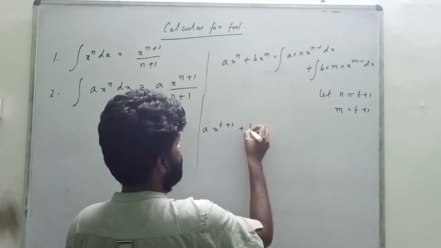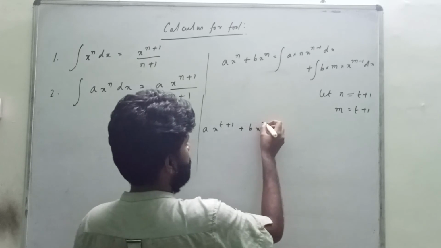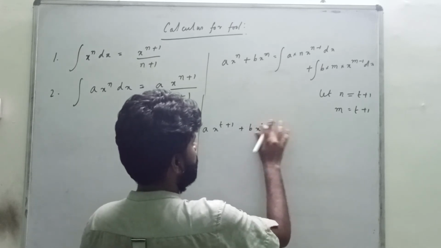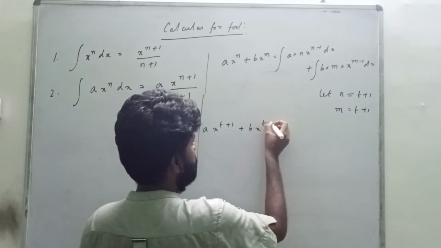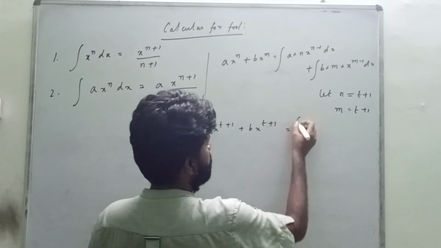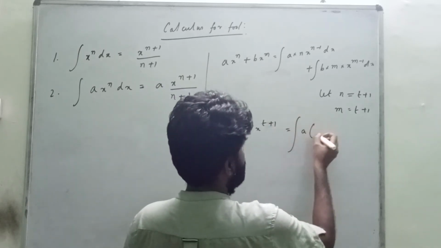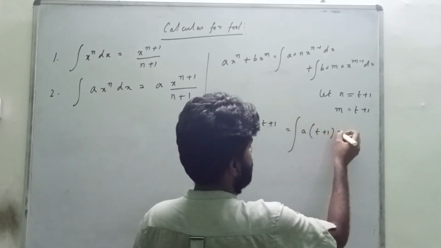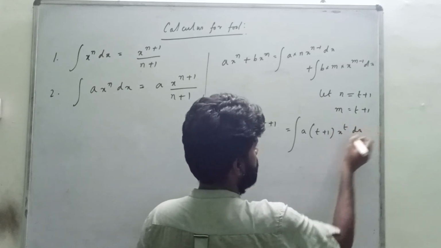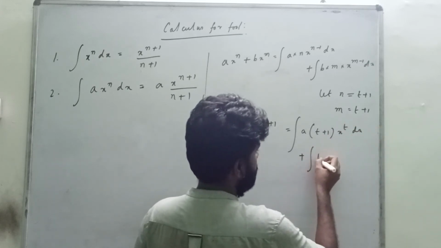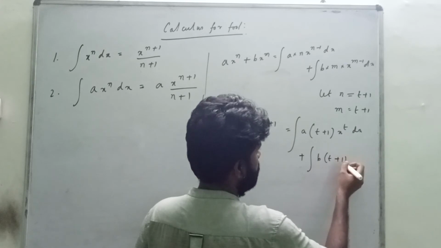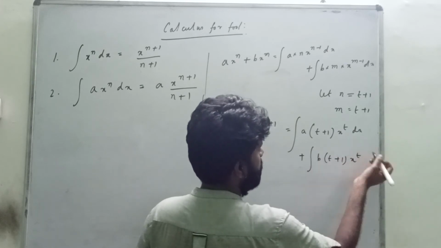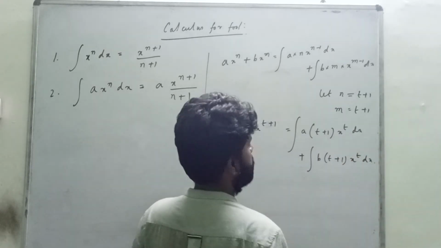Then bx power m plus t plus 1. So here is a t plus 1 x power t dx plus b t plus 1 x power t dx, right?